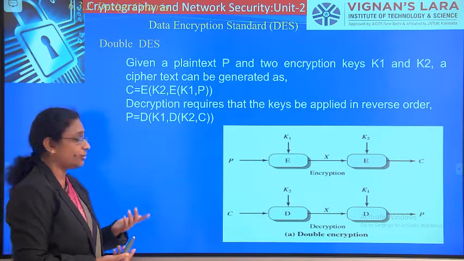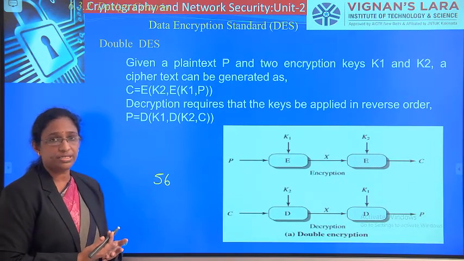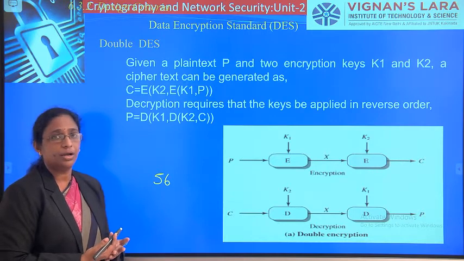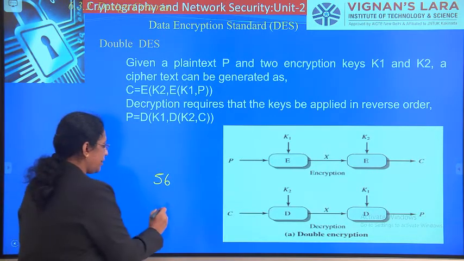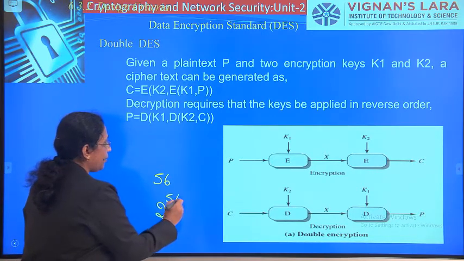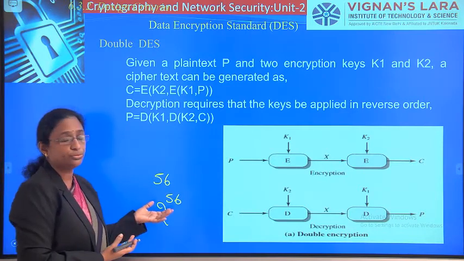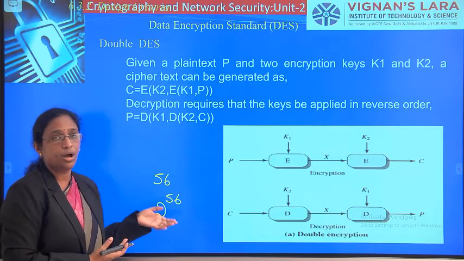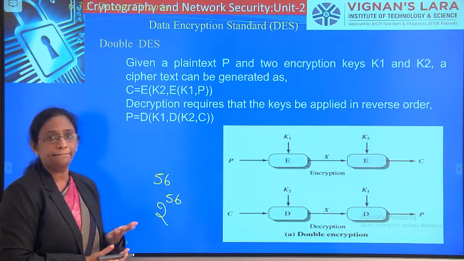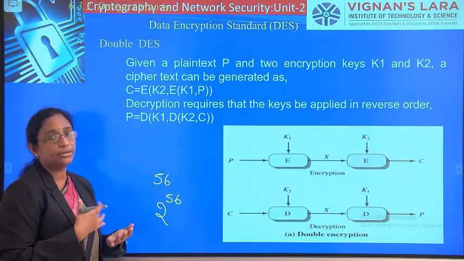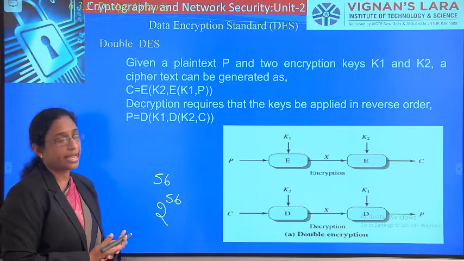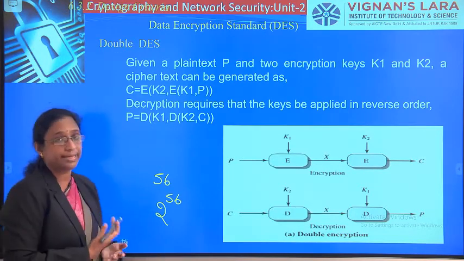Since the key size is only 56 bits, the attacker can check all 2 to the power of 56 possible keys on the ciphertext to get the plain text. To overcome that brute force attack, we have double DES.